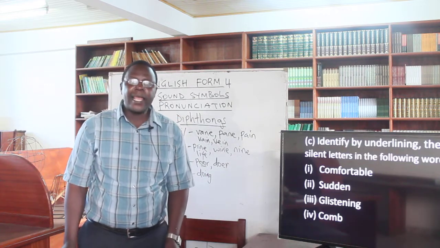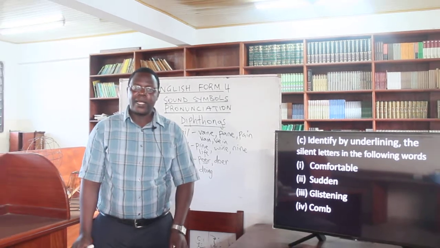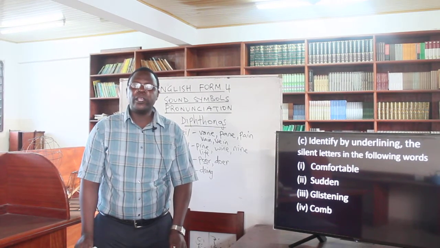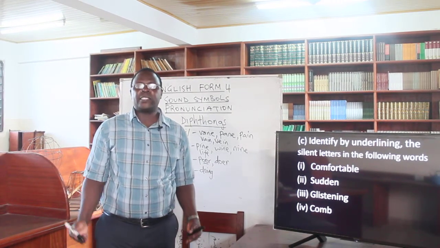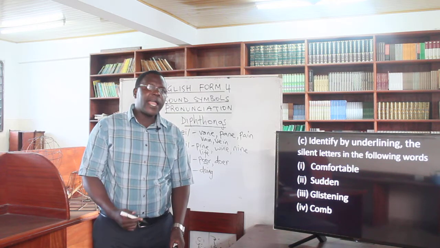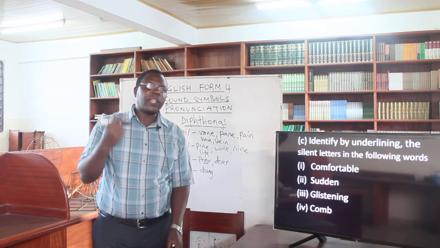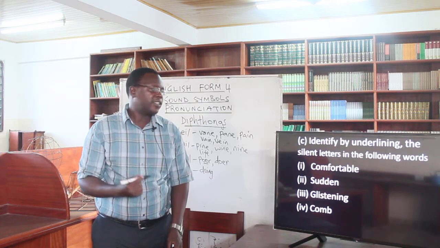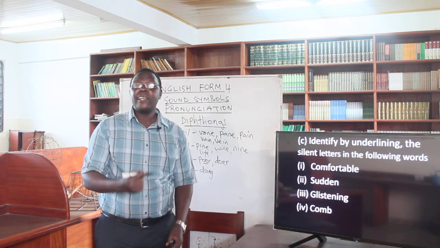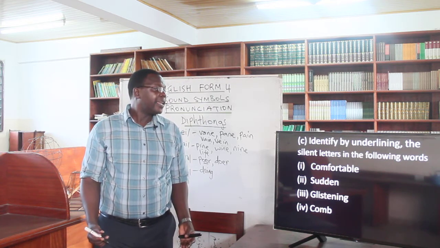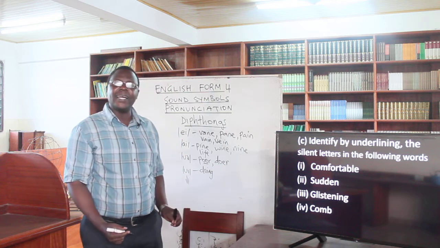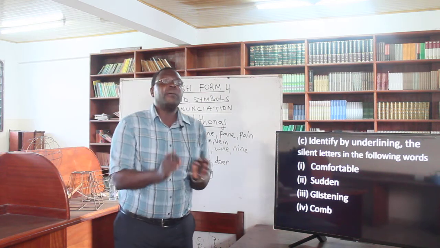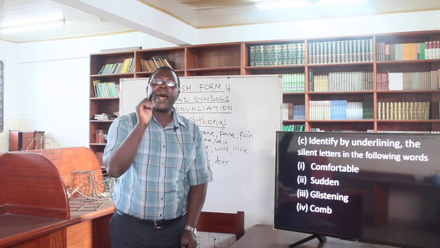Identify by underlining the silent letter in the following words. Most of us try to flout the rules, the instructions. The instruction is very clear: identify by doing what? By underlining.